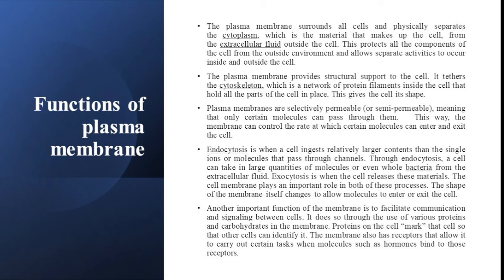The plasma membrane provides structural support to the cells, and plasma membranes are selectively permeable, or we can say that the plasma membrane is semi-permeable. It means it allows only certain molecules to pass through them. In this way, the membrane can control the rate at which certain molecules can enter and exit the cell.